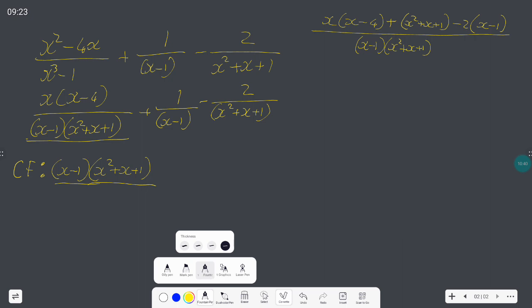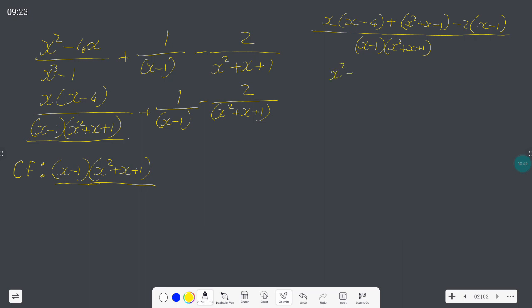So I've got x squared minus 4x plus x squared plus x plus 1 minus 2x plus 2. And all of this is still happening over x minus 1, x squared plus x plus 1.